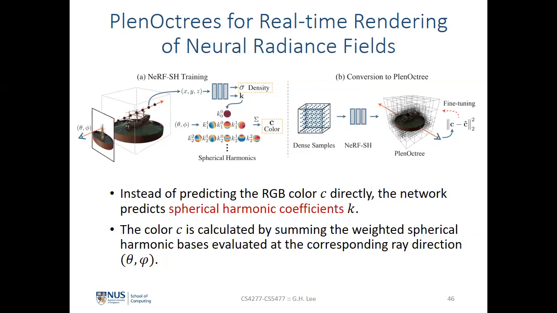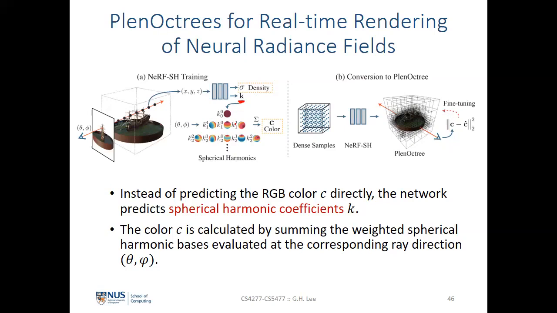But in 3D, when you render the color of the sphere, there's something called the spherical harmonics. So basically, you can decompose the color into a linear combination of coefficients k and the spherical harmonics basis.